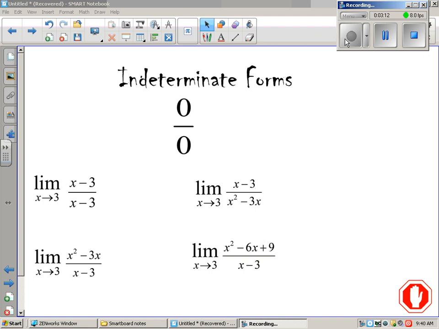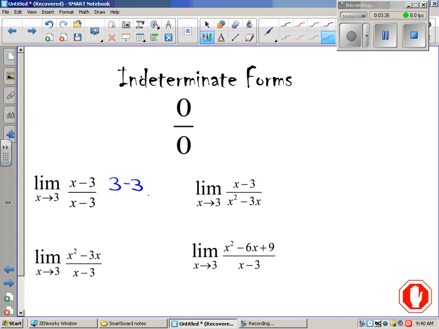As I said in the beginning, we're now going to look at an indeterminate form, 0 over 0. If you were to examine this first question, we have the limit as x is approaching 3. If we put 3 inside here, that would be 3 minus 3 over 3 minus 3. And of course, the top would be 0, and the denominator would be 0.